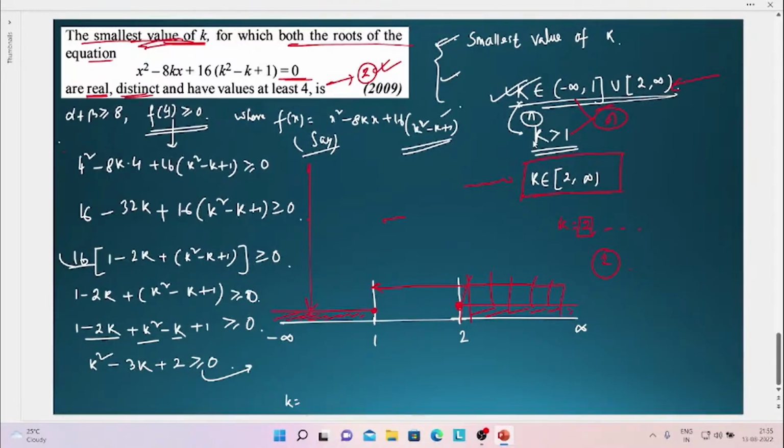So I think you have actually understood a lot of things in this lecture, and I suggest you go through most of the JEE Mains and JEE Advanced previous year questions.